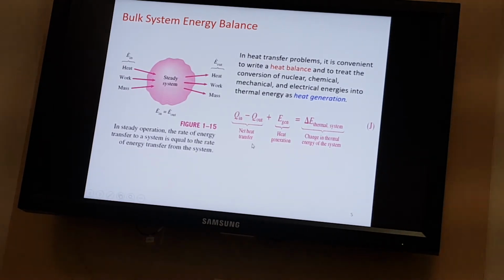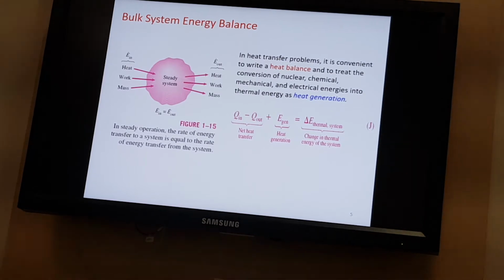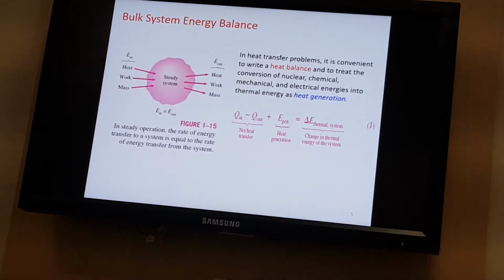In terms of energy conservation, energy in is the heat transfer rate in, and energy out is also the heat transfer rate out of the box. Q in and Q out can be represented by the three laws of the heat transfer modes, right?